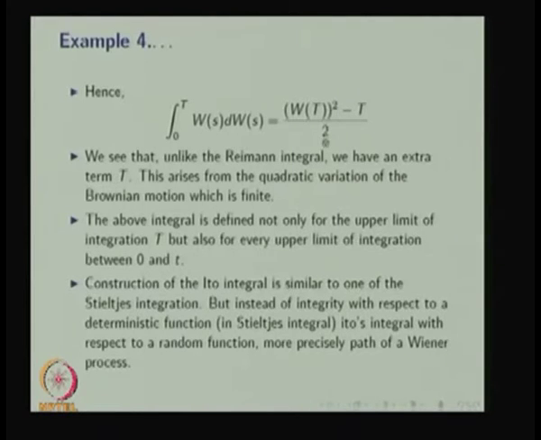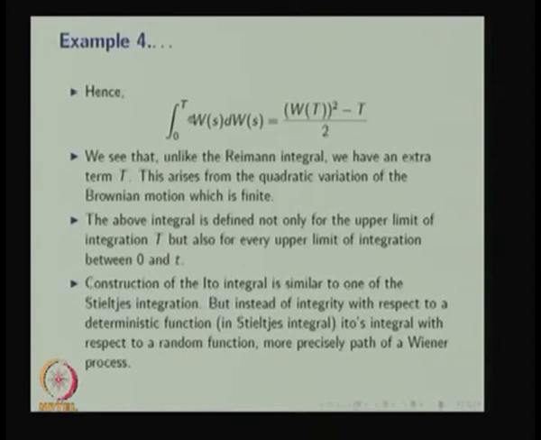The next remark: the above integral is defined not only for the upper limit of integration capital T, but also for every upper limit of integration between 0 and capital T. In this integration we have taken the upper limit as capital T, therefore we have used the quadratic variation of Brownian motion over the interval 0 to capital T, that is capital T. But instead of that, we can go for a variable small t also.